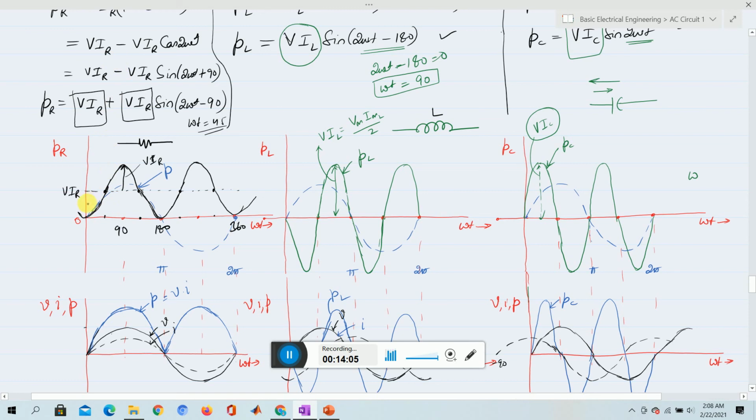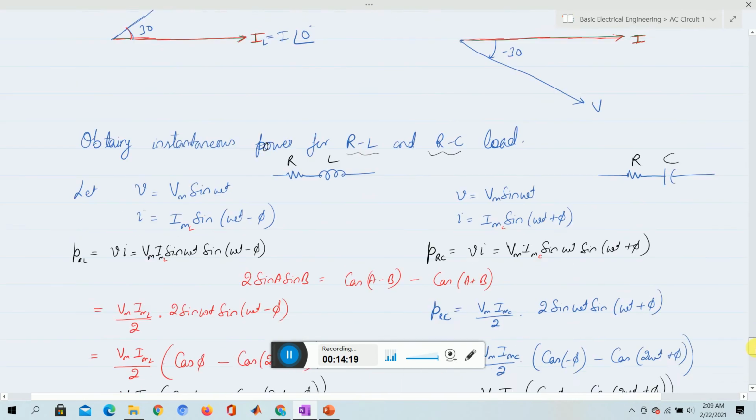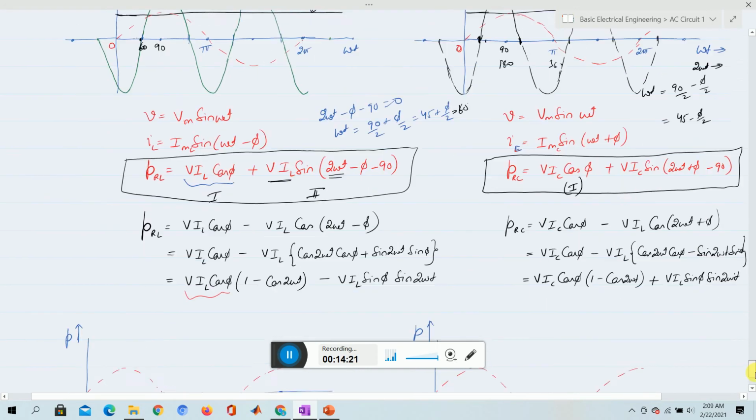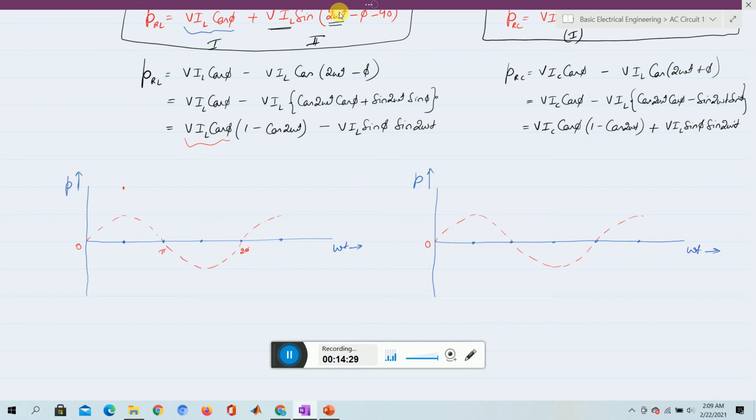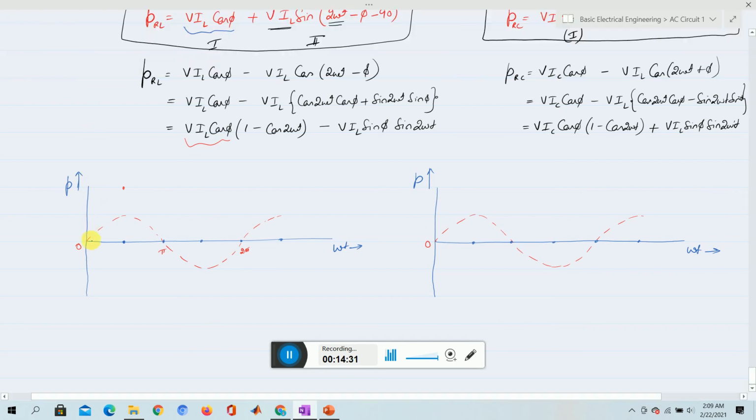Or you can have a representation in terms of cosine, oscillating from 0 to a higher value and again to 0. So we can take the same thing here, taking this higher value as VI cos phi, and then we have an oscillating term.